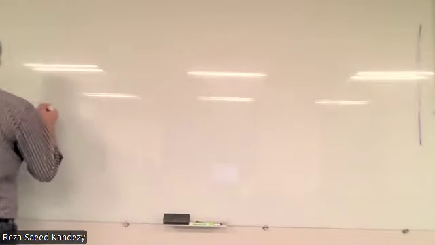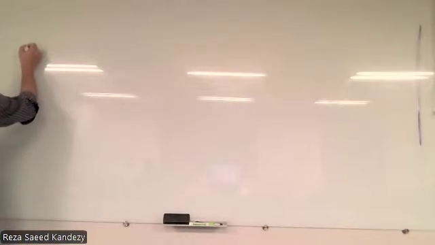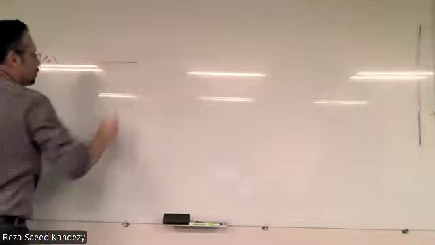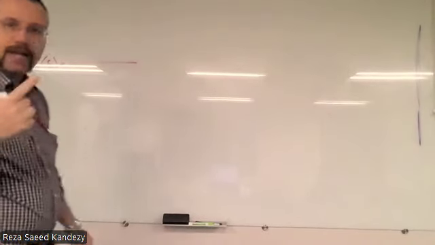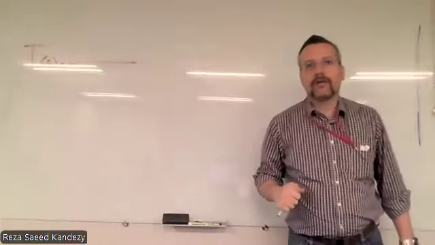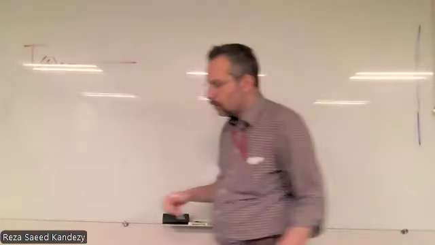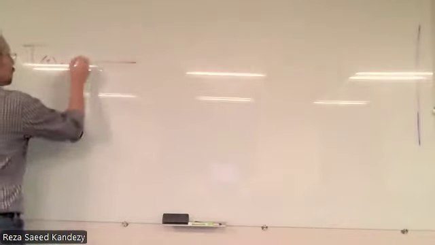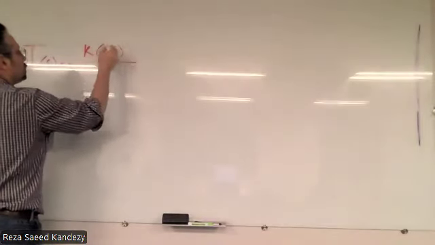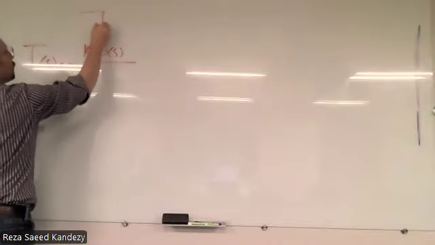Now, when we wanted to draw the root locus, we are going to consider the closed feedback for our system. This is the simplest way.